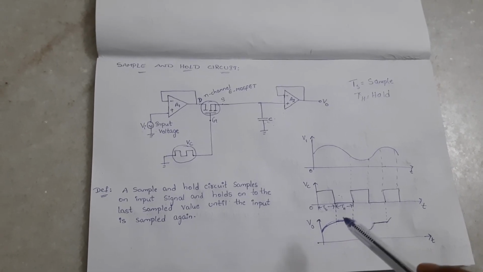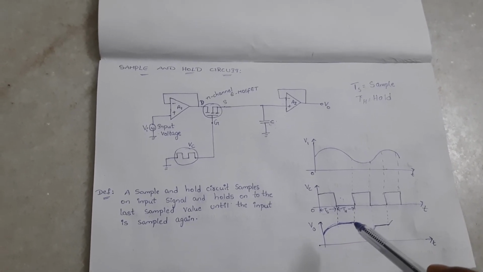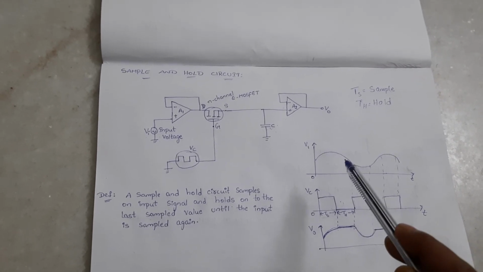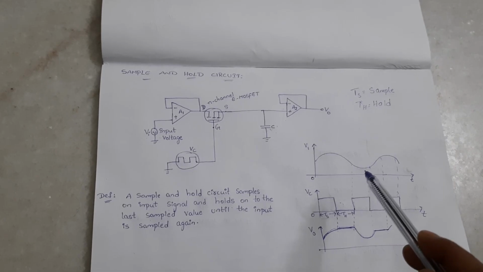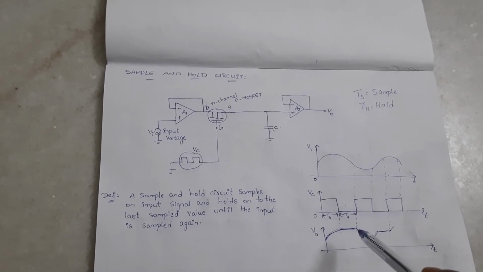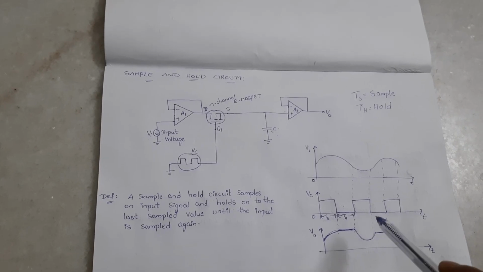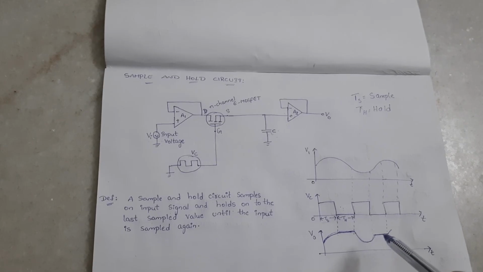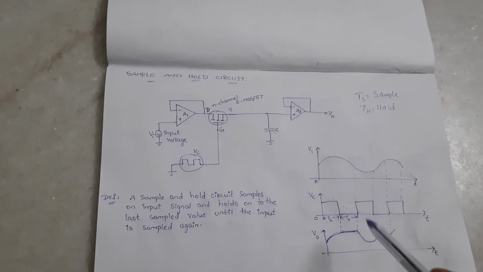During the 0 period it is held constant, and again during the 1 period the capacitor shows the input voltage as it is. So during the 1 period, whatever the input is appears at the output. Again during the 0 period, it will be constant. Like this it is going to function.